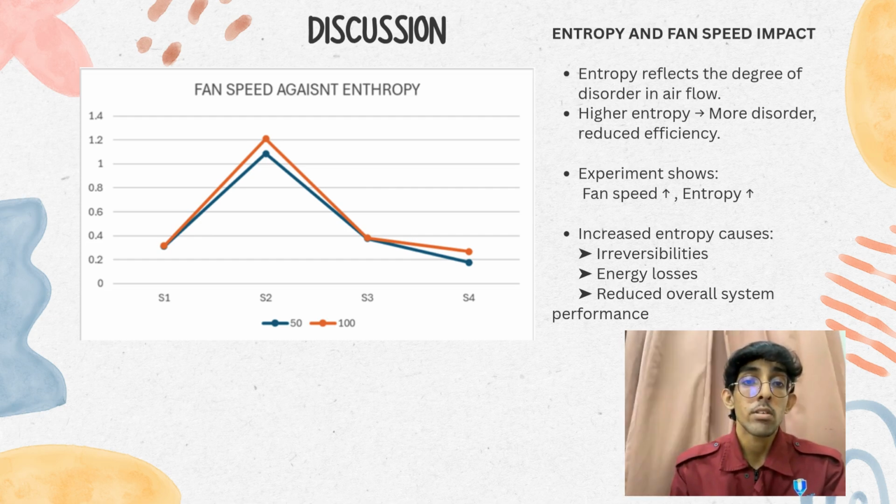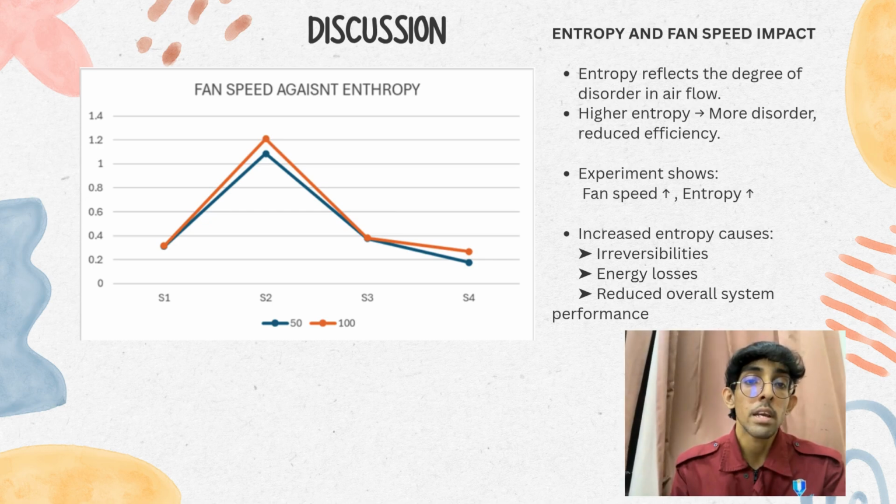The higher entropy contributes to the inefficiency by increasing energy loss due to non-uniform air movement. This loss reduces the system's ability to transfer heat effectively and ultimately lowers the coefficient of performance.